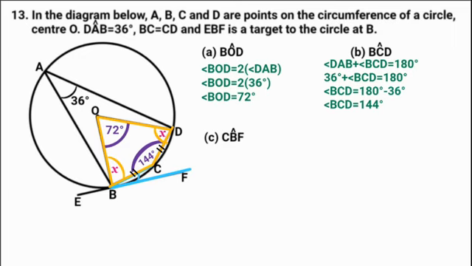Why do we want to find the value of this? We want to use it to find angle CBF. The property we're going to use to find the value of X is that the sum of interior angles in a quadrilateral is 360 degrees. When you add all 4 angles inside a quadrilateral, it gives you 360 degrees.